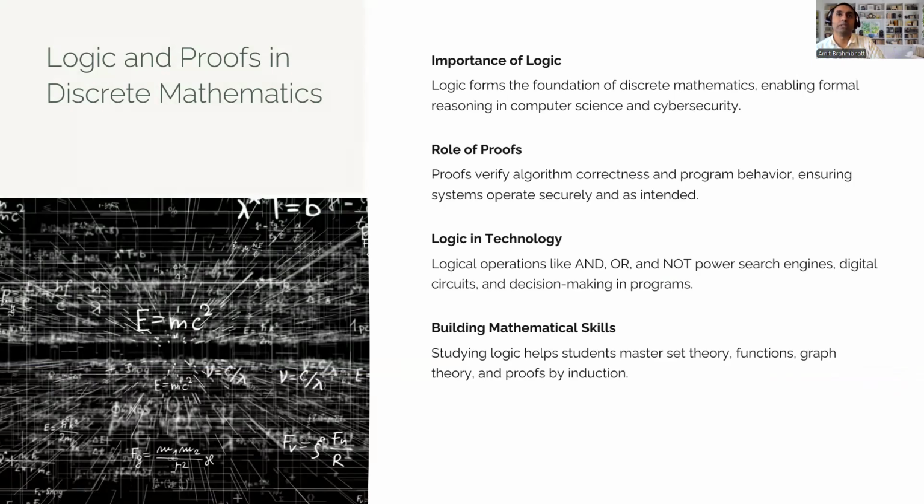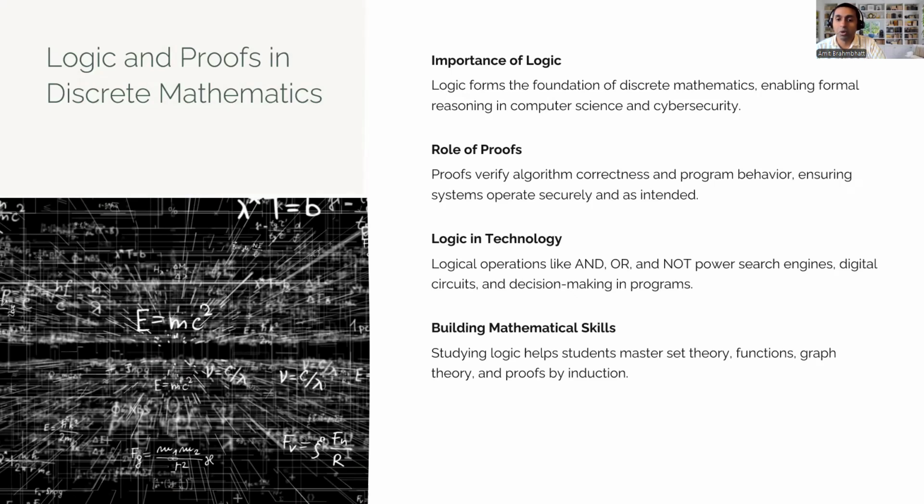So first we need to understand the importance of logic and then the role of proofs and how logic is used in technology. If you've taken CSC 110, you might remember AND, OR, and NOT gates and the exercise we had around it.